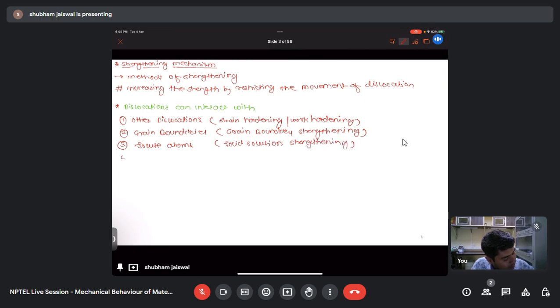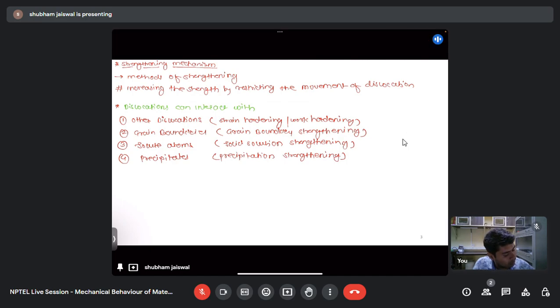The fourth way is that they can interact with the precipitates, which is precipitation strengthening.